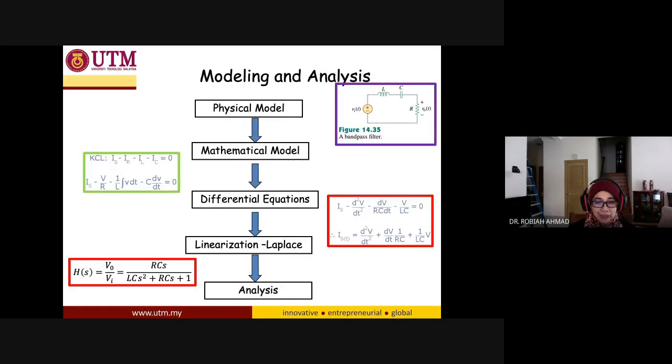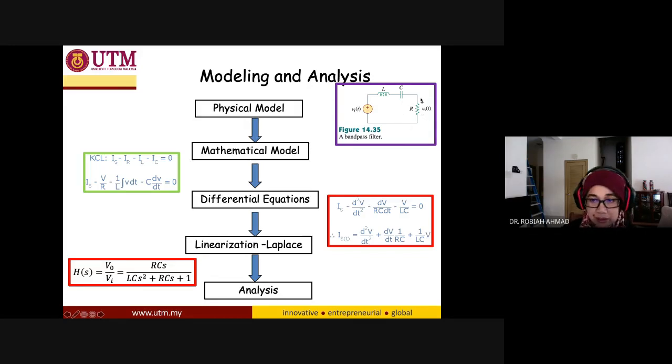If I put it in summary, first you have this physical model. In this case, we have an RLC circuit with the input voltage, and we need to find the output voltage, with the RLC components arranged in series and the resistance at the output.